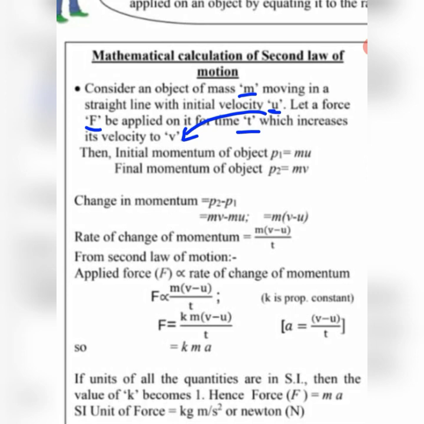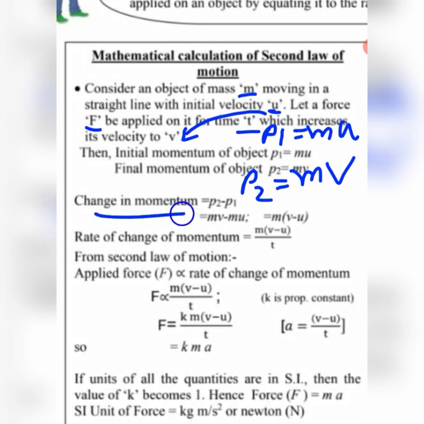So the initial momentum is written as P1 equals m into u, where u means initial velocity, and the final momentum P2 equals mass into velocity, mv. Now what will be the change in momentum? The change in momentum is P2 minus P1, that is mv minus mu.